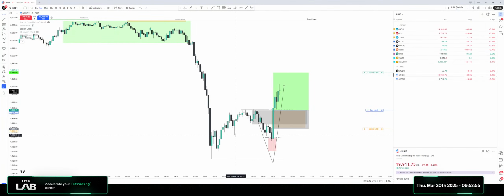We don't have SMT also, so I can use the SMT as reasoning to go higher. I just marked out that breaker because that's what makes more sense to me. I could have marked out all these green candles, but I usually don't.